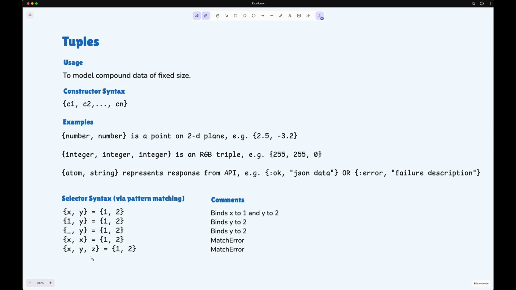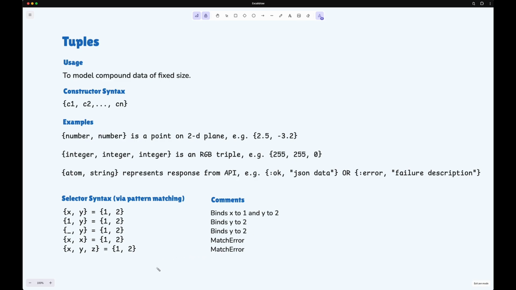The final example will also result in a match error because of the difference in the number of components. The left hand side is saying we will match a 3-component tuple, but on the right hand side we only have a 2-component tuple, so this will result in a match error.